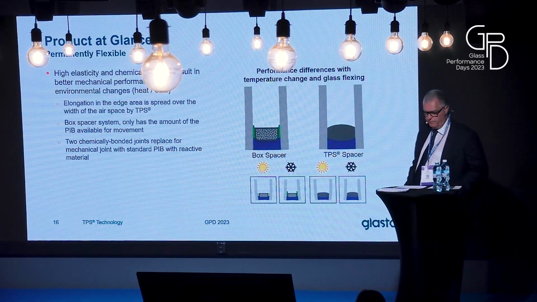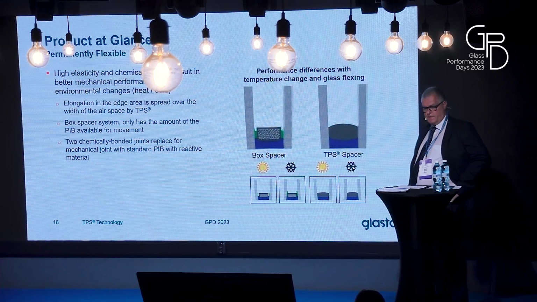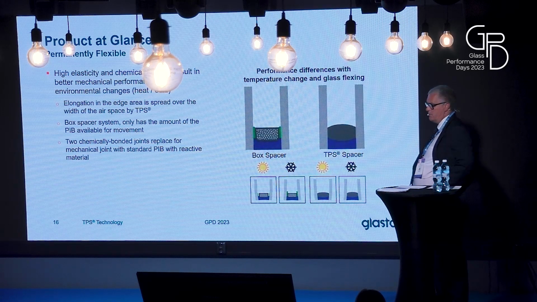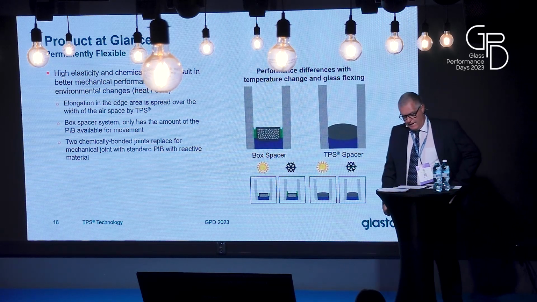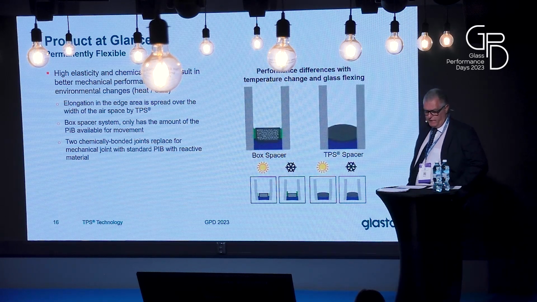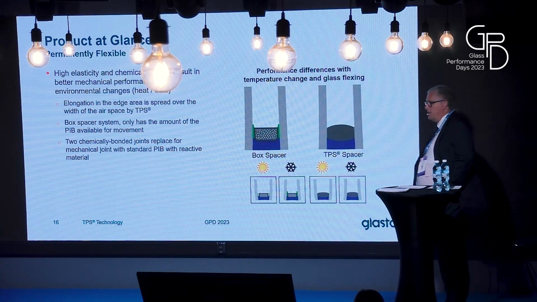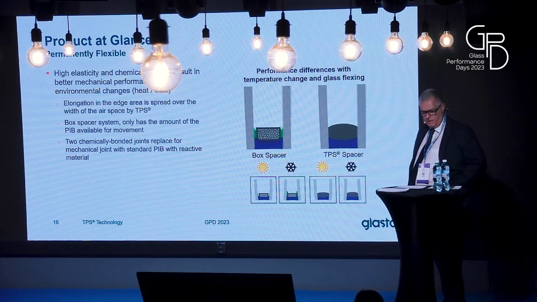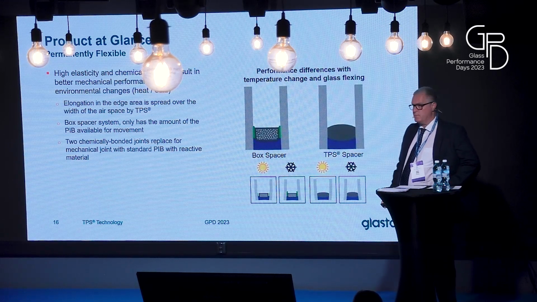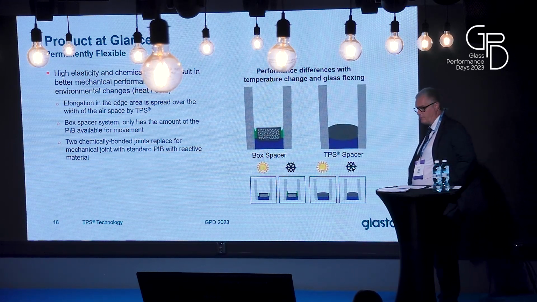A further benefit of the spacer is that it's permanently flexible, as you see here in this small animation. High elasticity and chemical bonding result in better mechanical performance during environmental changes, for example, heat and cold. Elongation of the edge area is spread over the width of the air space by TPS.